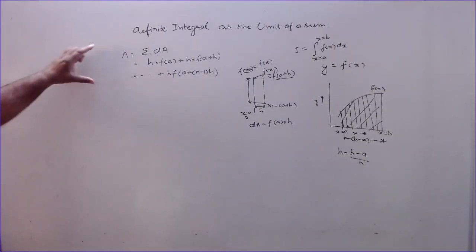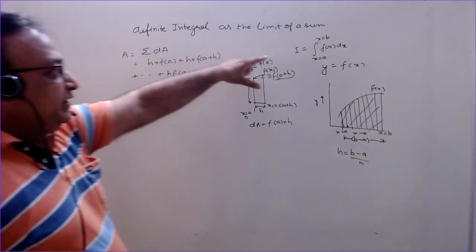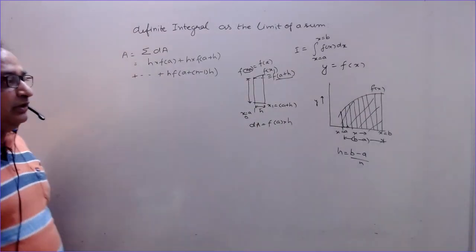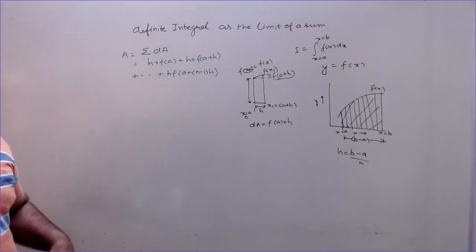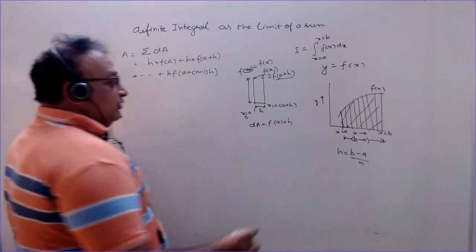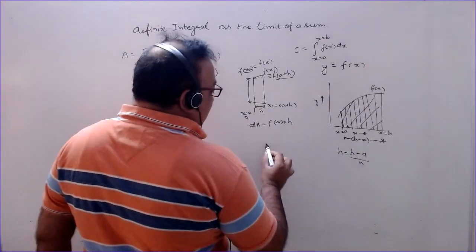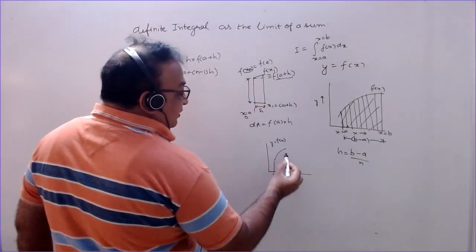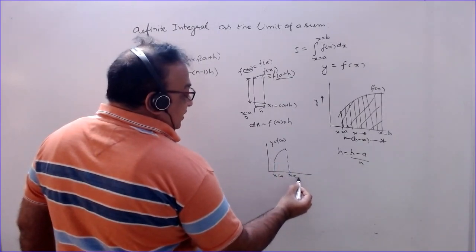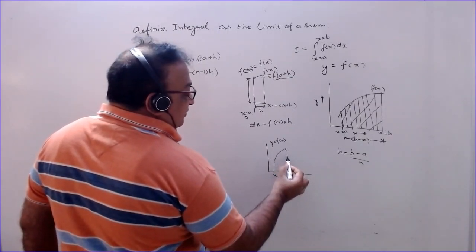So this can be written in the form of integration, provided that the function is a continuous one. If the function is not continuous, I cannot write it in this way. Suppose from a to x equal to c, and then the function becomes like this.